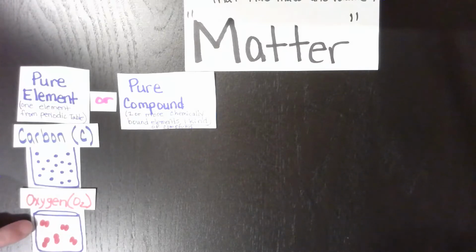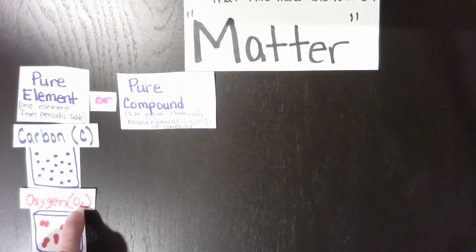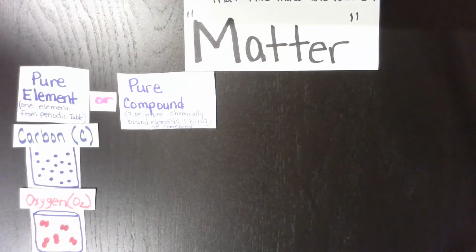But the thing you need to notice is that all of the individual circles here, the individual atoms in our sample, are identical. Just because they're attached to each other doesn't make it a compound. It makes it a pure element. There is only one type of element, oxygen, in this container, and its chemical formula is O2, but it is one type of element, so it is a pure element.